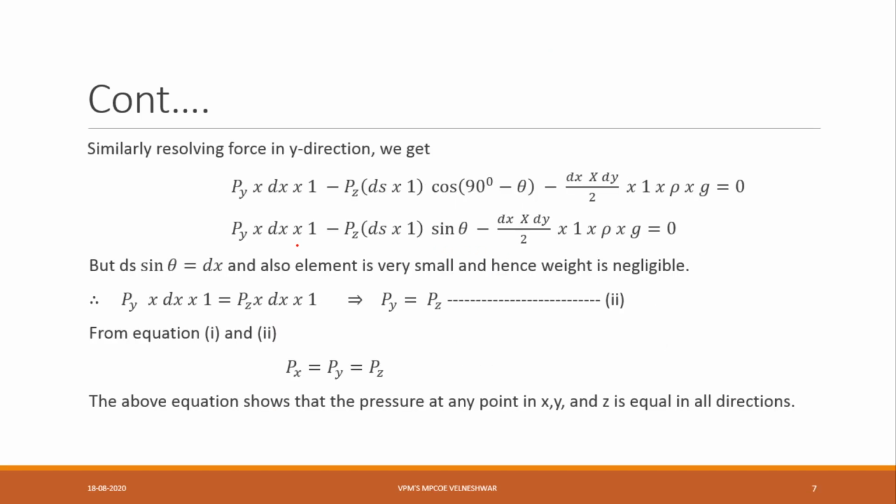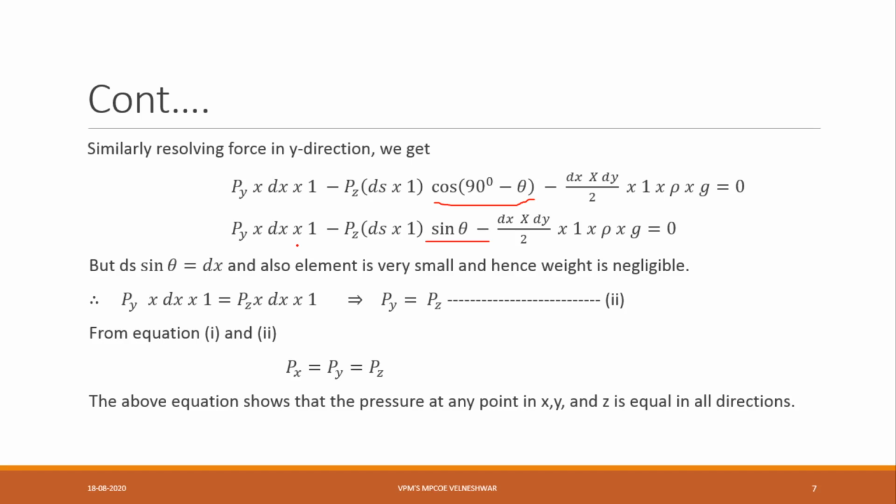That is dx into dy divided by 2 into 1 into rho into z. So again, cos of 90 minus theta is nothing but sin theta. That is Py into dx into 1 minus Pz into ds into 1 into sin theta minus dx into dy divided by 2 into 1 into rho into z.